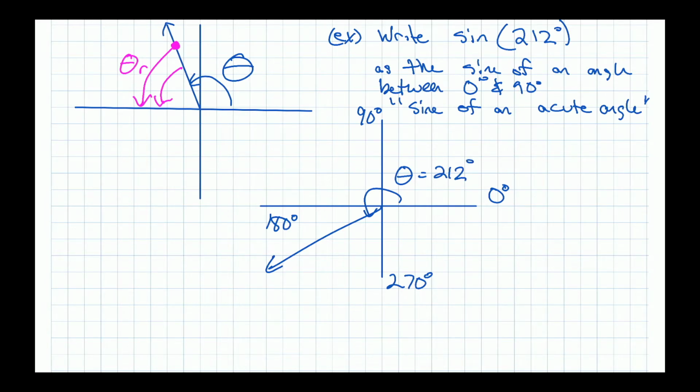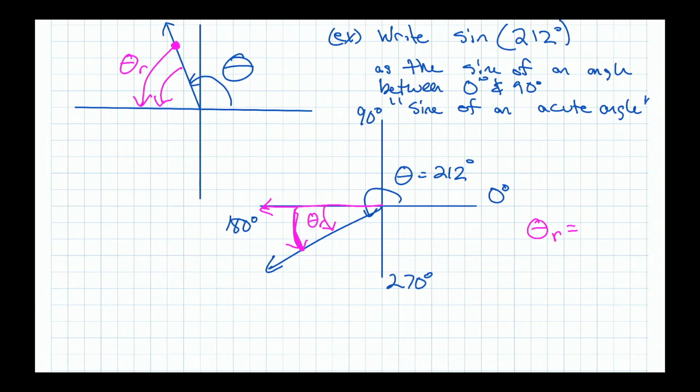Now, what you'd have to do for the reference angle is you would have it right there. There's your theta r, the reference angle. So theta r, you'd have to figure it out based on context here. But hopefully what you can do is say, well, 180 degrees is right there, so how far is this much past 180?